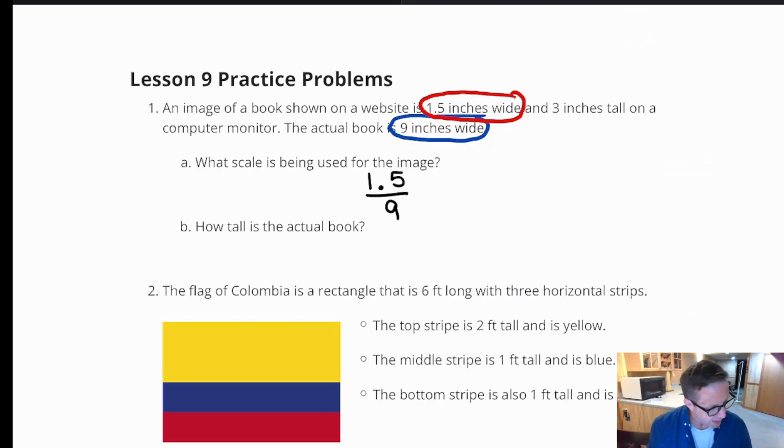So when we do that, what are we going to get? Just trying to do this in my head. Oh, you know what? It's going to be 1/6. All right, so I can say that there's a 1 to 6 relationship right there.